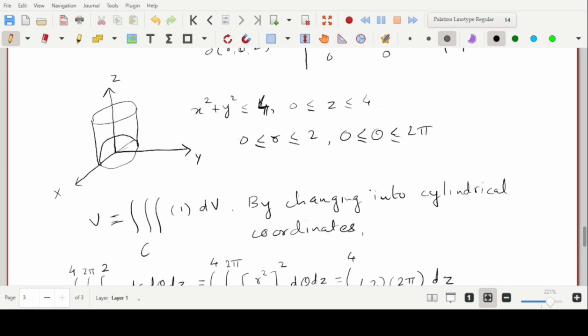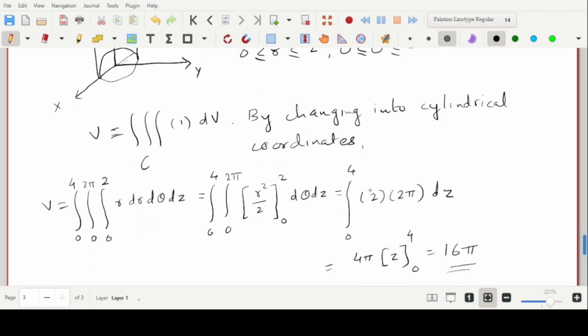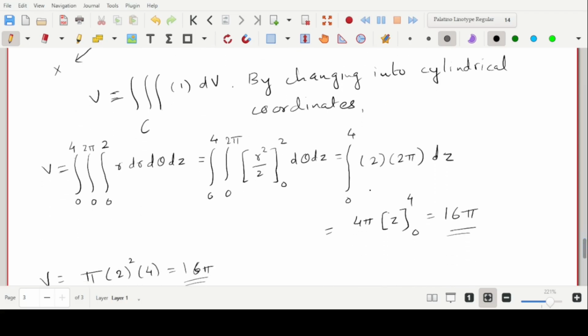We would have simply changed this into cylindrical coordinates, and accordingly we would have changed our function using the relations that x, y and z bear with r, theta and z, right? And by proper substitution we would have got a function in r, theta and z, and we would have integrated that.